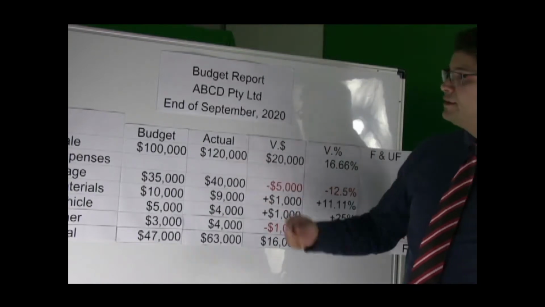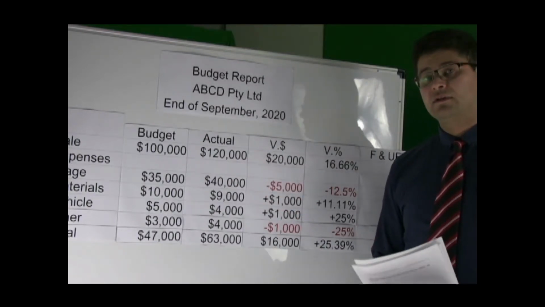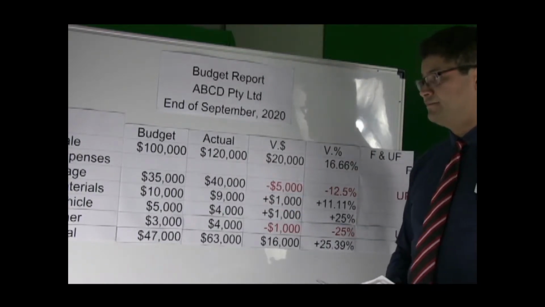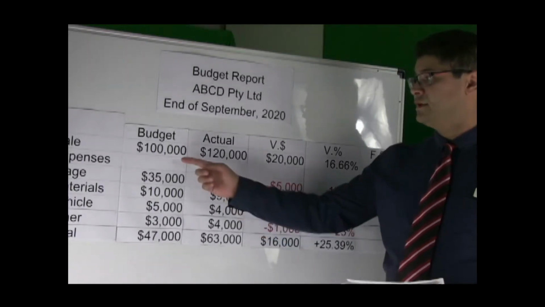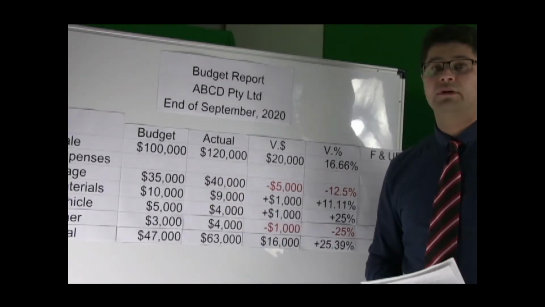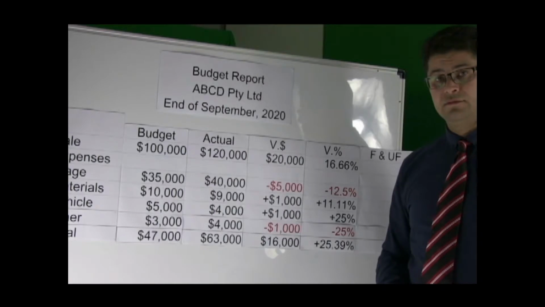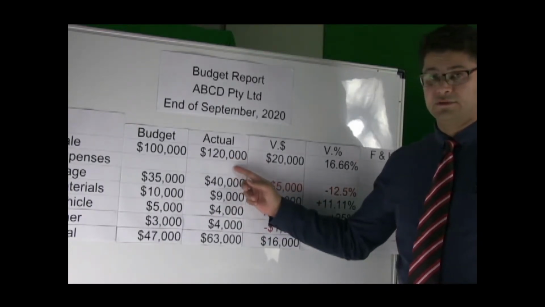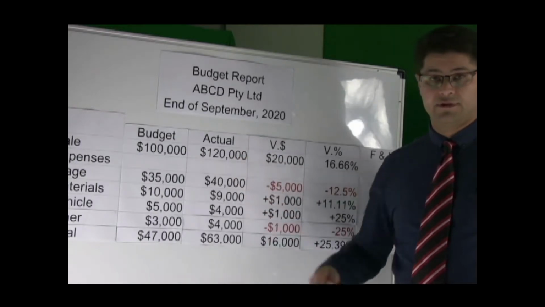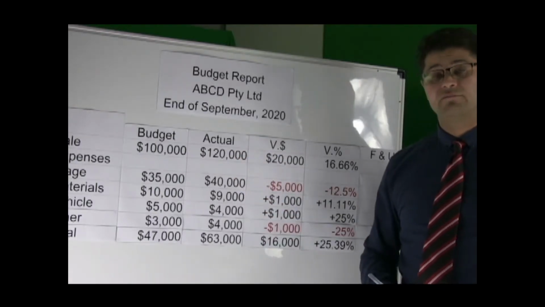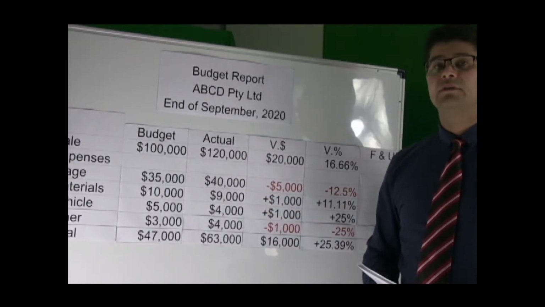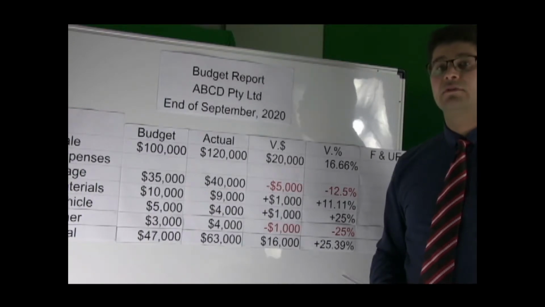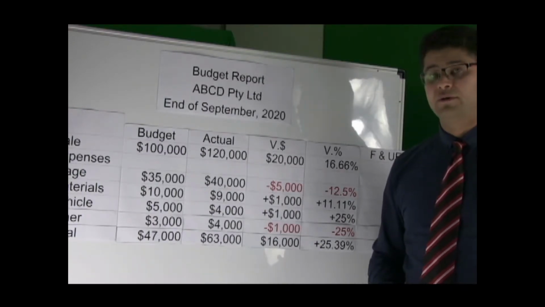We can see that your sales was $120,000, not exactly the amount that you forecast. It could be $90,000. It could be $150,000. It's very important that you have an accurate number.